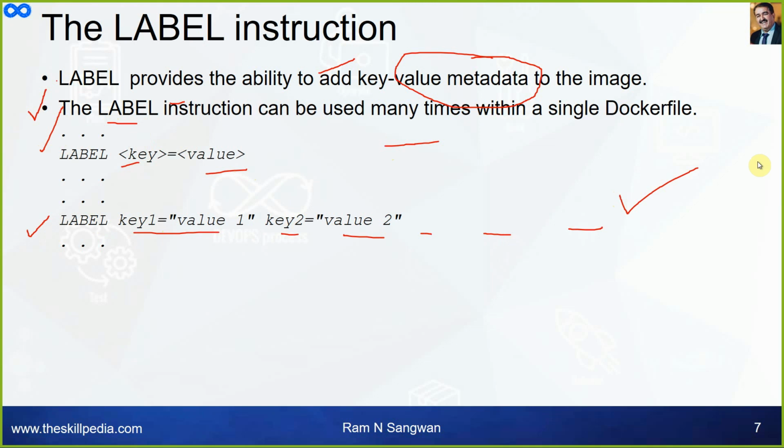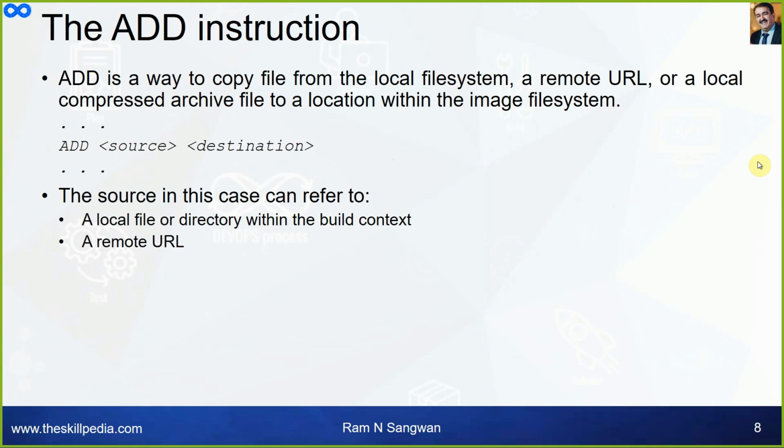So multiple key-value pairs can be specified to add metadata to your image file system, like for example author, website URL, copyright. You can add those kinds of metadata to your image to specify details about your image, which has no other significance apart from the information about the image itself.